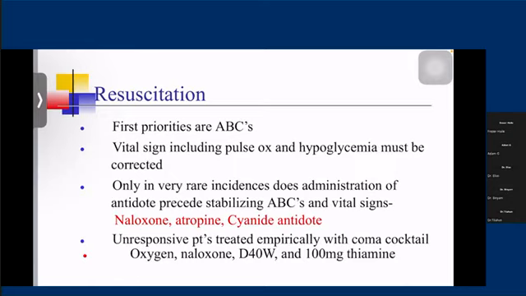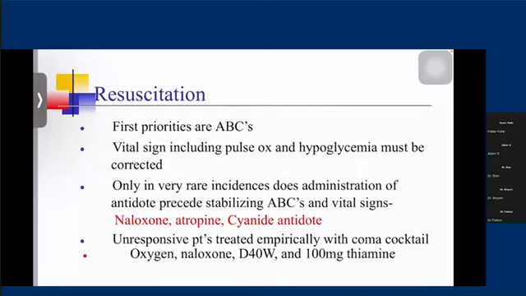So always, before securing the airway and before putting the patient on a mechanical ventilator, if you suspect the patient has opioid poisoning, please consider giving naloxone, because it can change the course of the disease. And atropine is also very important, specifically in our setup, because most of our patients present with organophosphate poisoning.